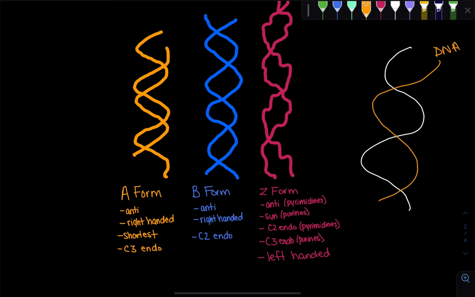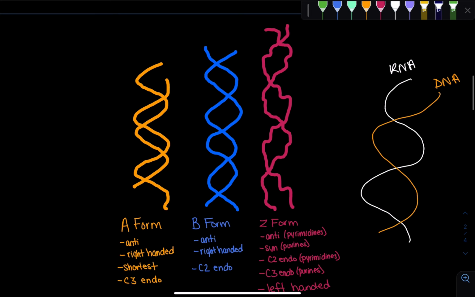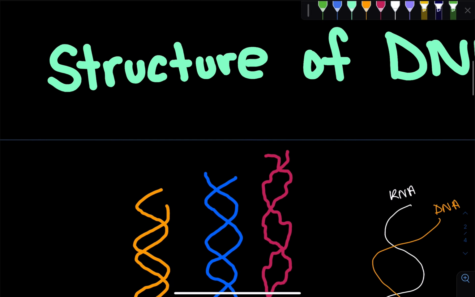The conformation that this RNA-DNA helix will actually exist in is the A form. So it will be an anti, right-handed, C3 endo conformation. And that's just an interesting fact. So that's essentially an overview of the structure of DNA.